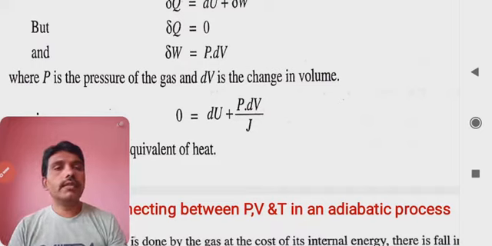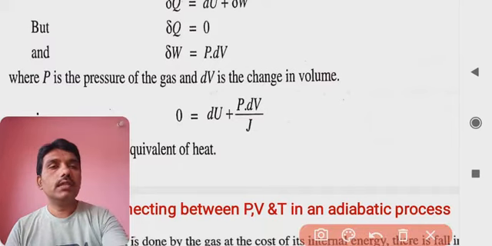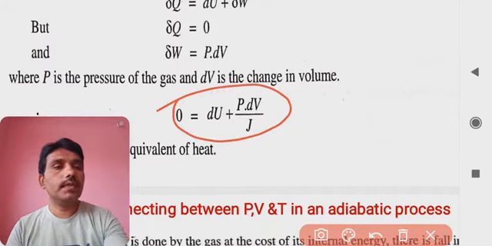So we can write 0 is equal to dU plus PdV.